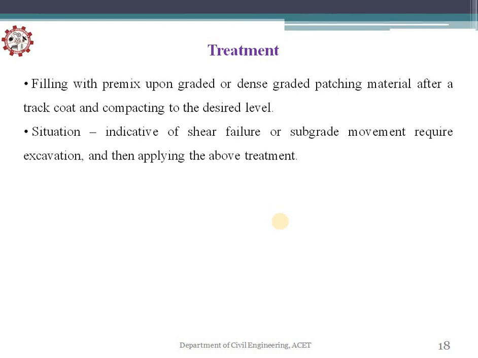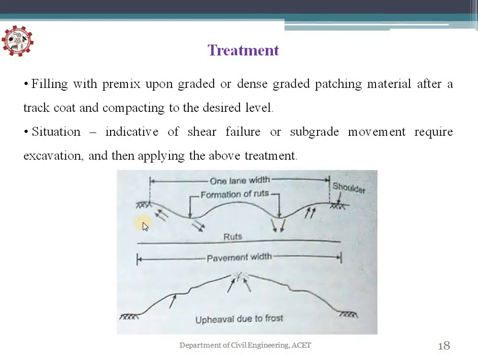Situations indicative of shear failure or subgrade movement require excavation and then applying the above treatment. So if there are more undulations and more stresses develop, then we have to take out all the pavement or that particular patch, and again the subgrade is rectified, cleared, and again the tack coat is maintained. So this is how we do it.